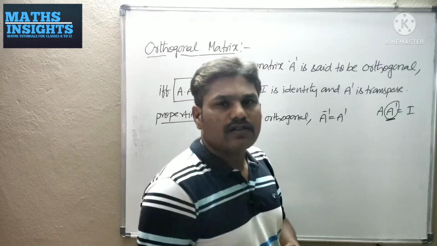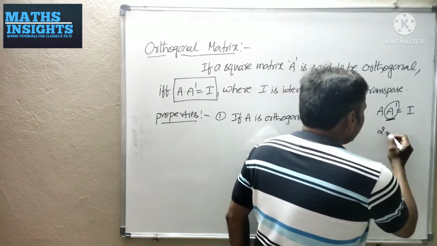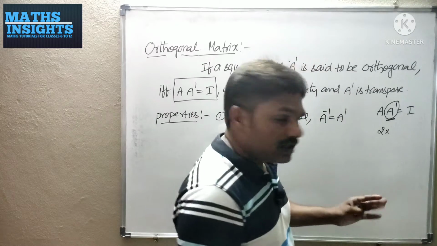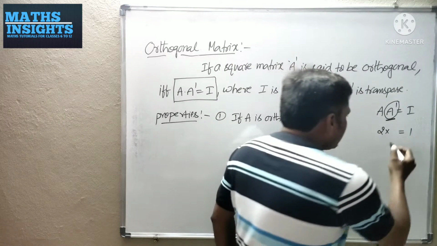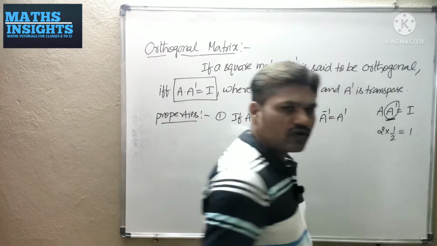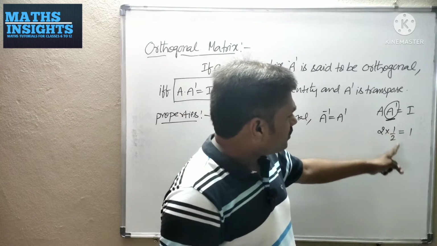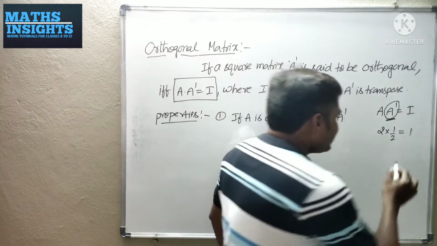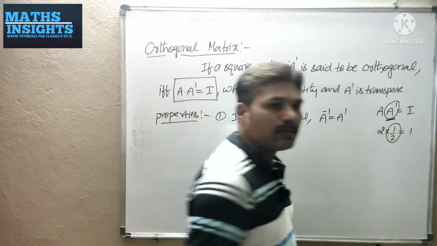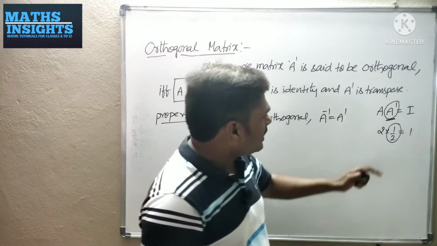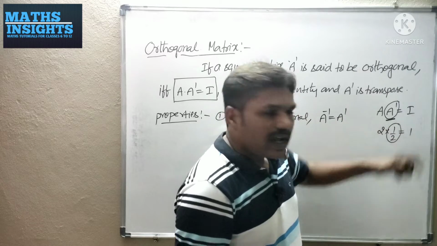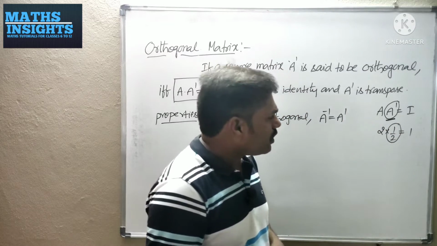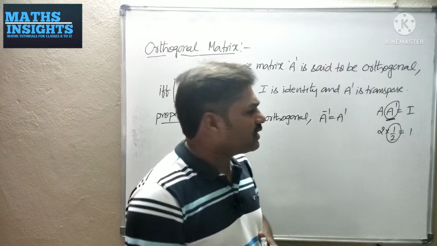In algebra also, if you multiply any number with another number and your result is 1, here you have to get 1 by 2, you have to multiply 2 with 1 by 2 to get 1. This 1 by 2 is called the multiplicative inverse. Similarly, like 1 in algebra, this identity matrix is also an identity element under multiplication.